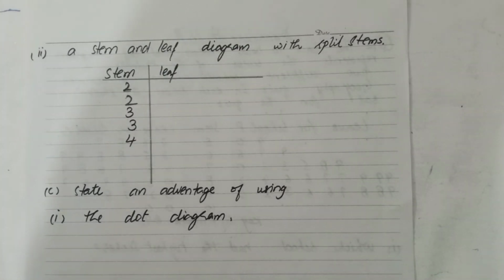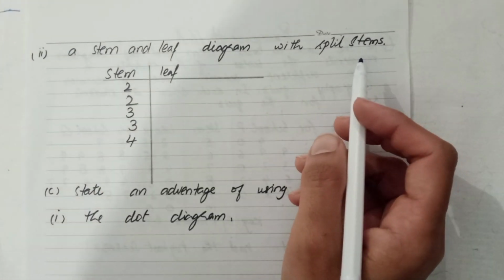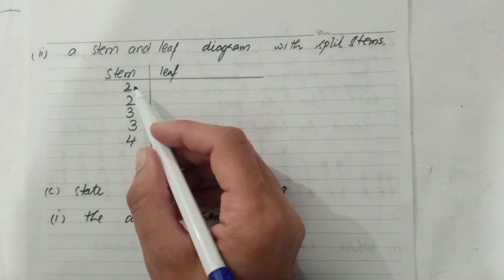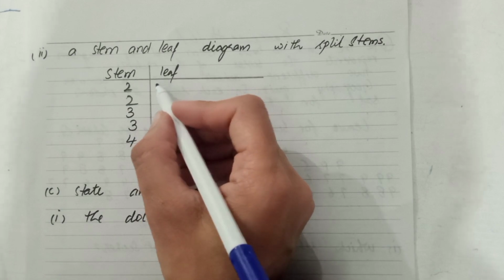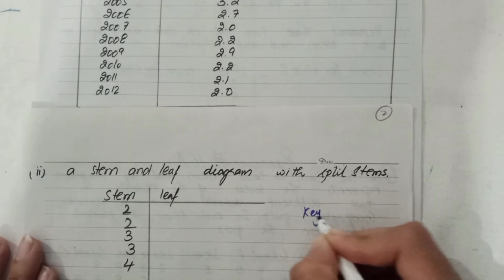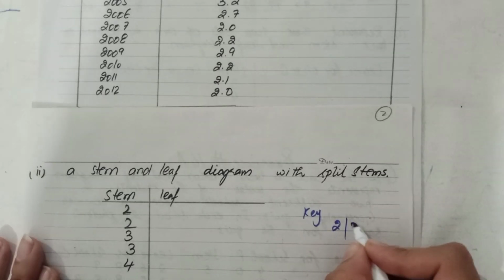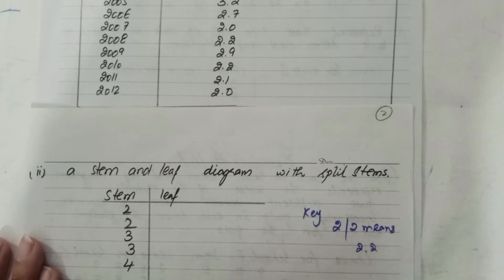In part two, a stem and leaf diagram with split stems. We have to draw the leaf and stem diagram with split stems. Split stems mean that we have to break the stems from 0 to 4 and then from 5 to 9. Now we also make the key: 2|2 means 2.2.